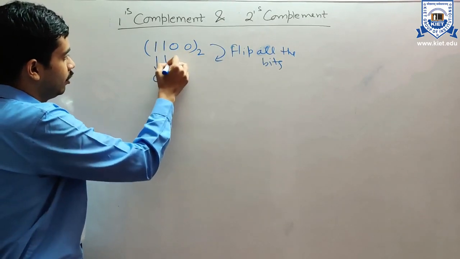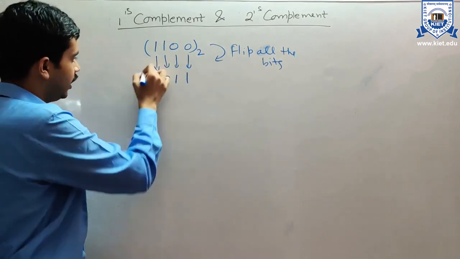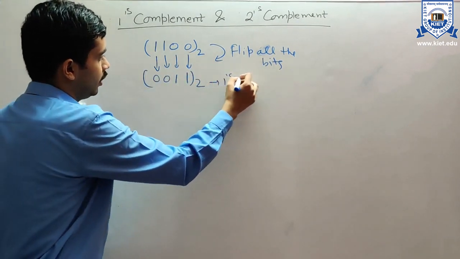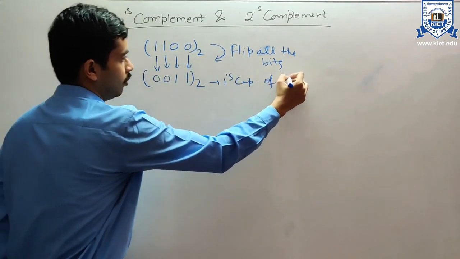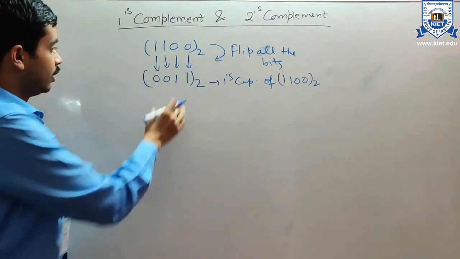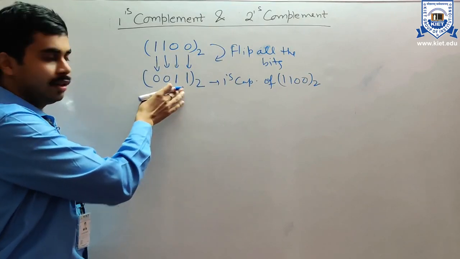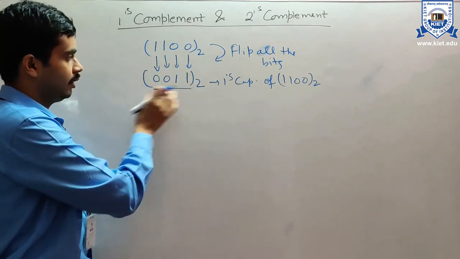So it will give 0 0 1 1 and it will be the 1's complement of 1 1 0 0 base 2.